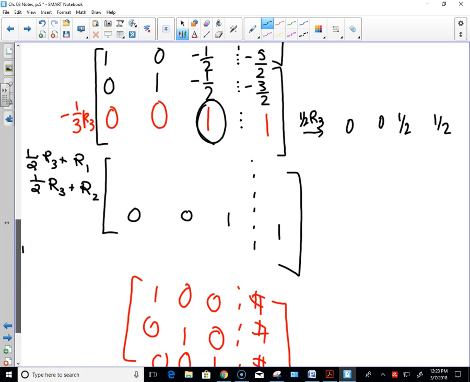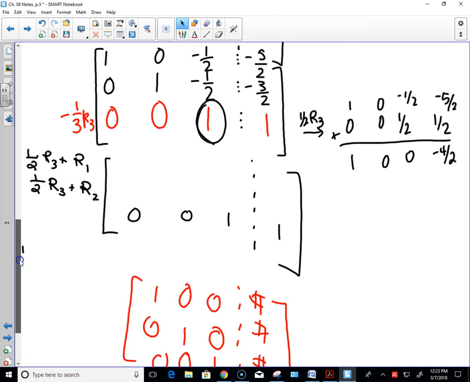For instance, the first one would be row 1. My mental mathers, hopefully you were doing this correctly. That'd be -4/2, which is the same thing as negative 2. Do you guys get -2?